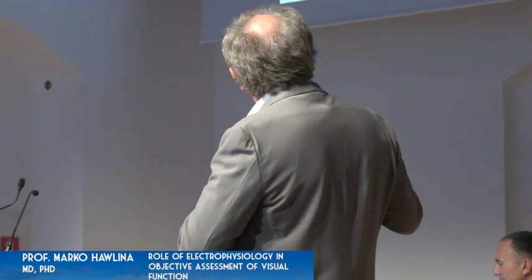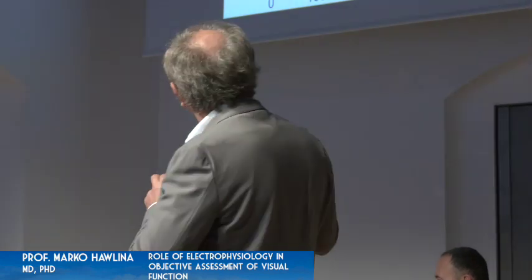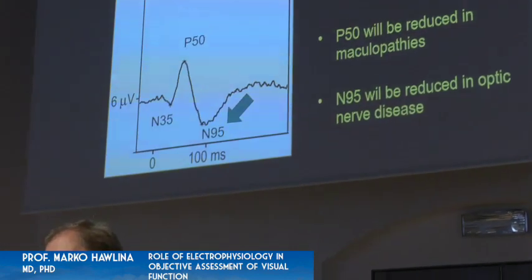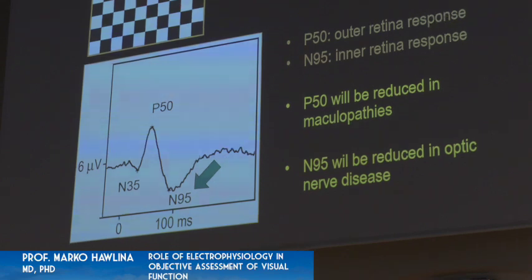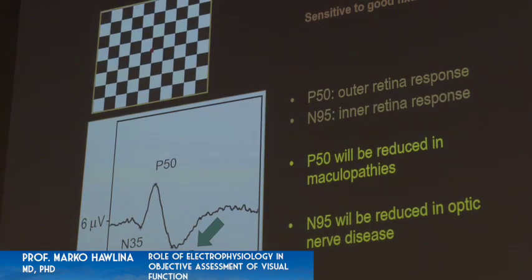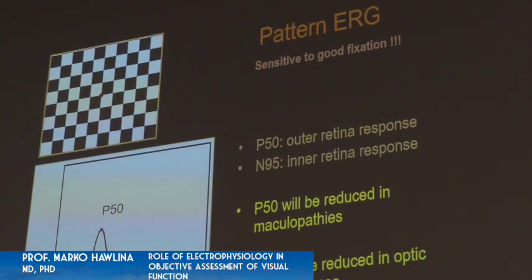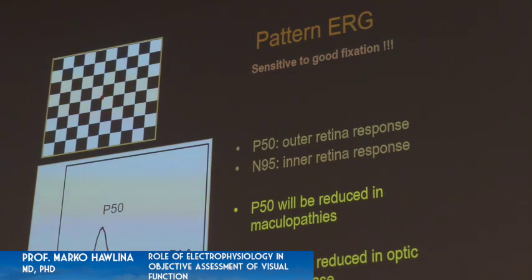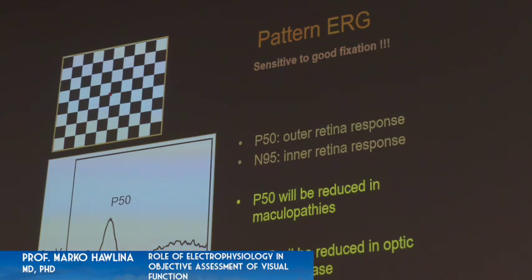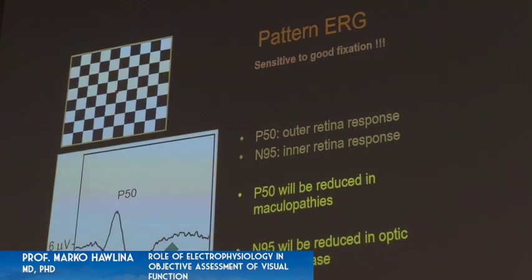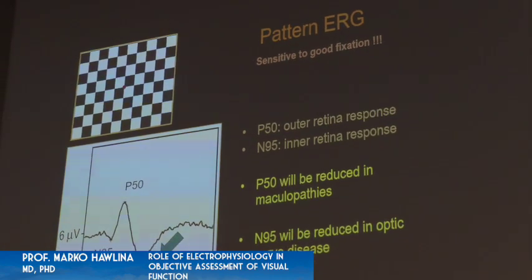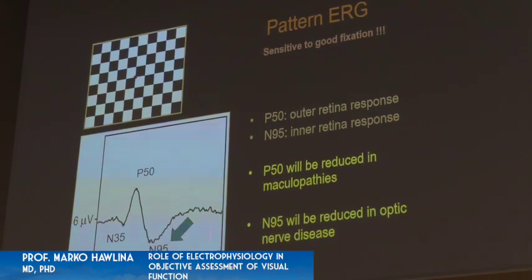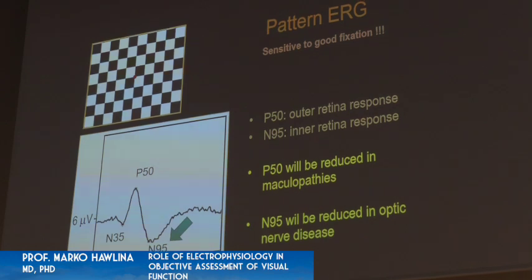Okay, now pattern ERG, as I mentioned before, is a checkerboard pattern evoked stimulus, and this checkerboard pattern changes dark and white squares. So it's a stimulus which is tailored to the on and off system in the brain, which also exists in ganglion cells. So the ganglion cell response will be the one that is here, the negative response N95.